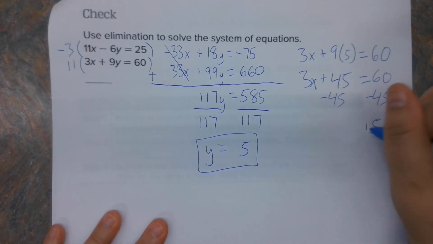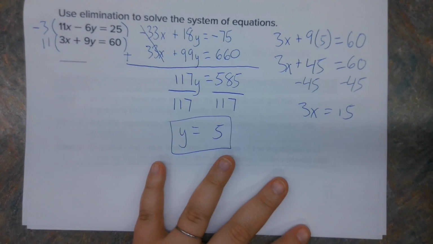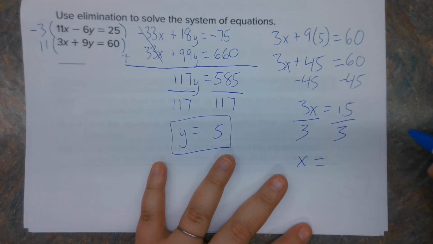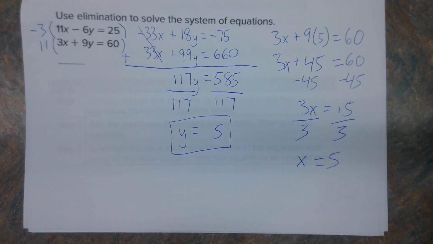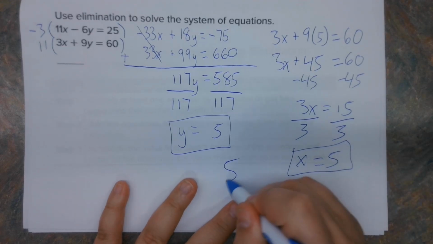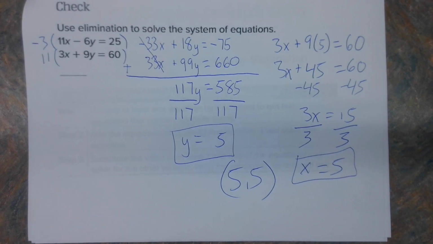So I have 15 and 3x. I'm going to divide by 3, divide by 3. x equals 5. So both of them are 5 for this one. So I should have 5, 5 as my answer for the check.